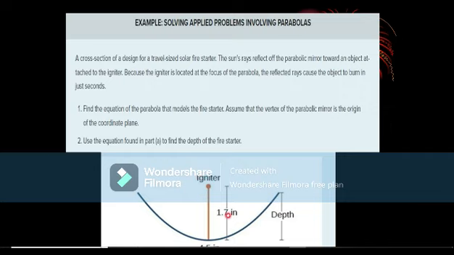So this is now your parabola. We have here the igniter, which is your focus. Given is 1.7 inches from the vertex to the focus, the igniter, and the length of the latus rectum, from this side to that side, is 4.5 inches.